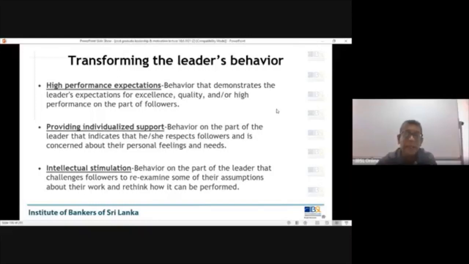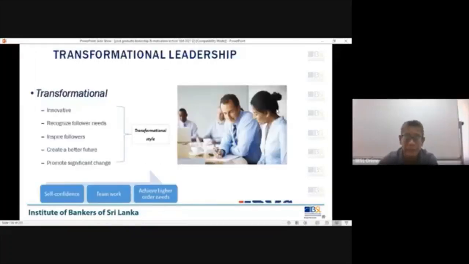So a leader must create intellectual stimulation, because as a leader you need to look at every employee in your organization and see why they are not performing much, right? So we need to re-examine some of the behavior, or tell them or correct them on how they can perform better, right? So these are some of the ways a leader can transform others. Others means the followers, right?